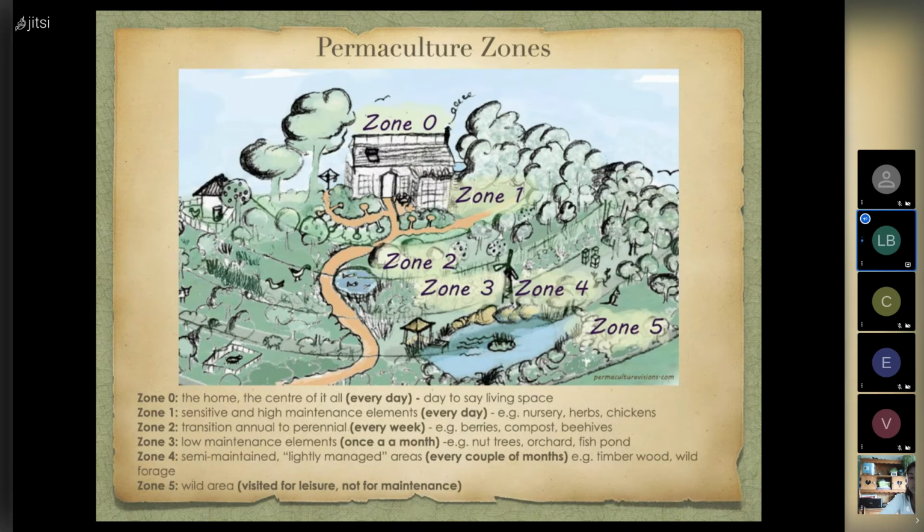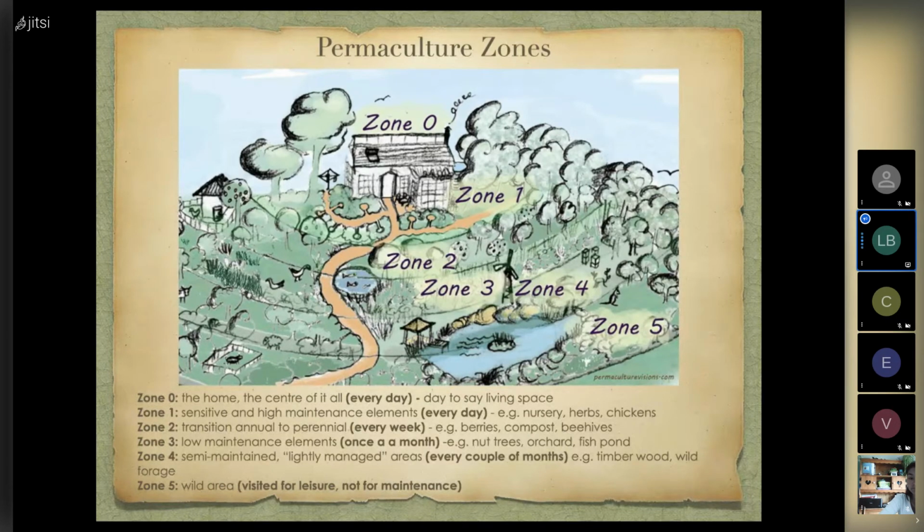This could be things like berries, your compost pile, maybe beehives, or other elements that you would visit on a weekly basis, but not necessarily daily. Zone 3 includes relatively low-maintenance elements of your system, things that you might visit once a month, like nut trees, some orchards, a fish pond, things that generally don't require that much attention or energy.